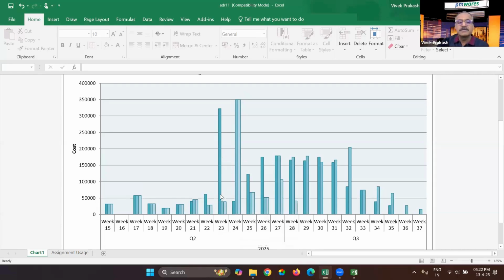You see the difference? Here the plan is very high, actual is very low. Here the actual is very low, plan is very high. So what was supposed to be spent in this week actually got spent in this week. So it shows the project is delayed, around a week.